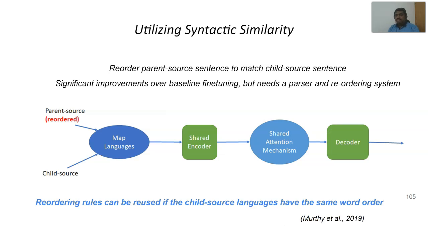We can also use syntactic similarity between these languages. Going back to the previous example where we had to bridge the syntactic divergence between the parent source and the child source, and we needed to write reordering rules to convert the parent source word order to the child source. Now it may be expensive to write rules for every language, but if there are multiple child languages involved, say Indo-Aryan languages, all of them have pretty much the same syntactic properties, the same word order.